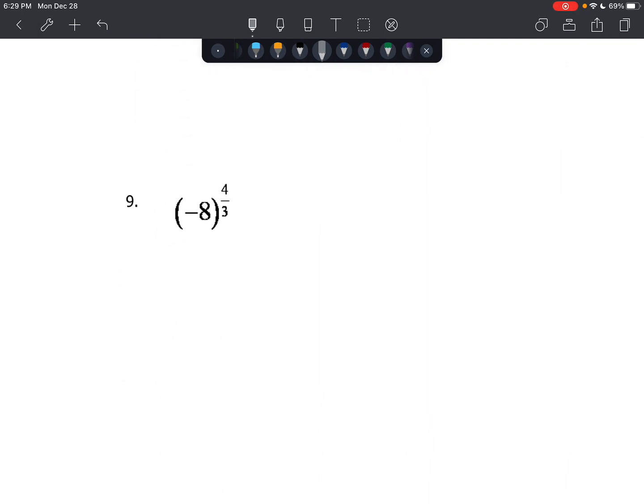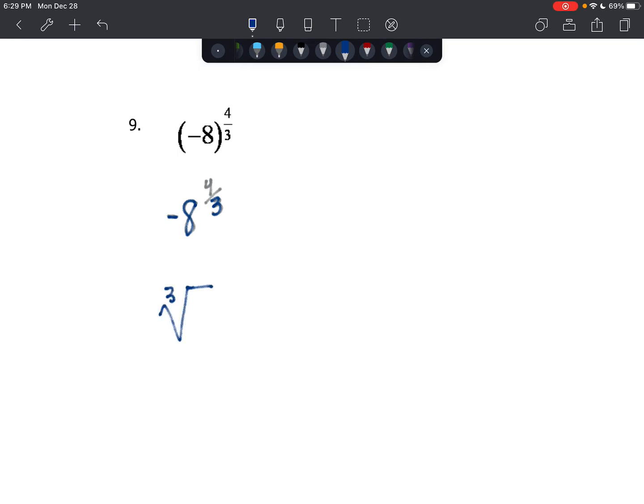Let's try it here. Negative 8 raised to the 4/3 power. This denominator of 3 means the cubed root. So this is the cubed root. What's the cubed root of negative 8?